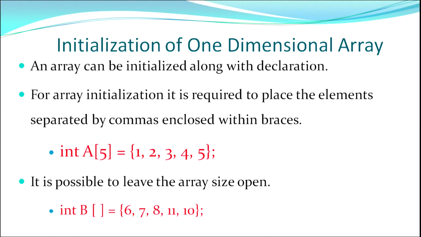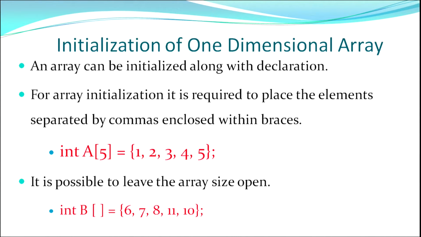Another method to initialize is where I do not specify the size. In the second example, an array B is created, but the size is not specified. This is also valid syntax. Here the compiler automatically takes the size by counting the number of elements during declaration.